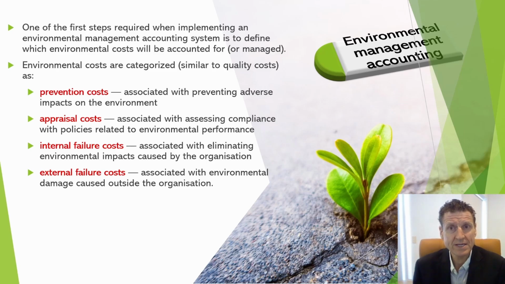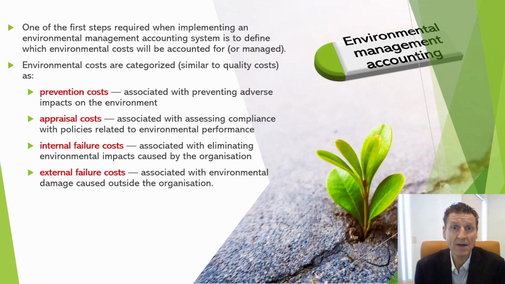We've seen this categorization before in quality management, quality control in the factory, where we look at prevention of quality problems and inspection of quality. Then we test products before they're sent to the customer. If they fail, we rework them or put them down as a reject so the customer doesn't get them and complain, which would be an external failure cost. And then the customer might sue you for a bad, faulty product.